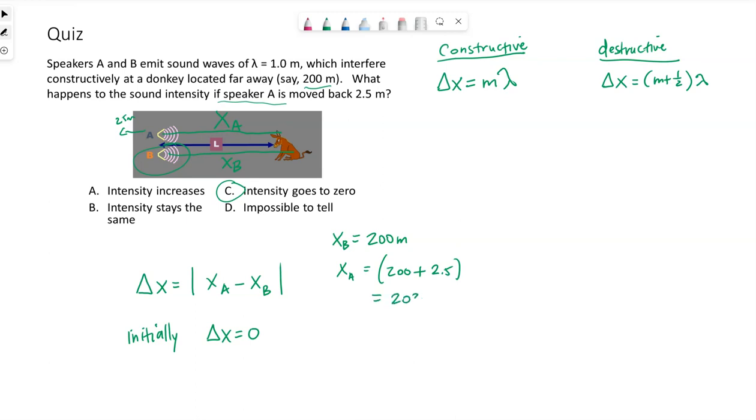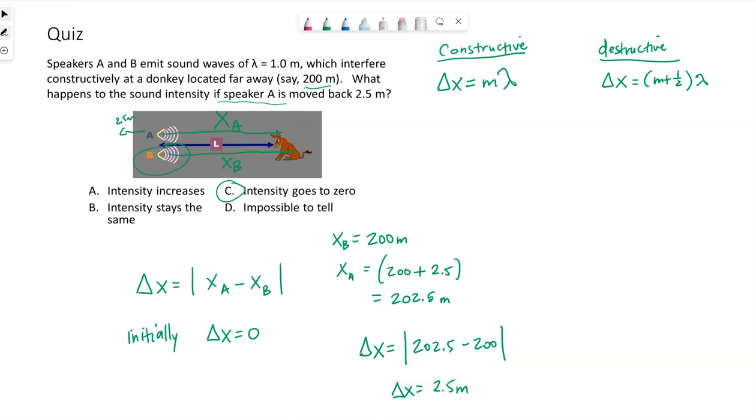So 202.5 meters. Delta X is the absolute value of the one distance minus the other, so delta X is that 2.5 meters. The sound from speaker A now has to travel 2.5 meters farther than the sound from speaker B to get to the donkey.